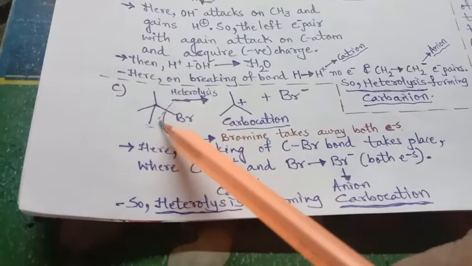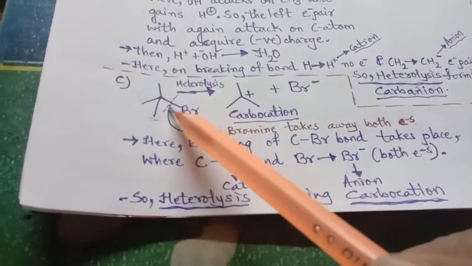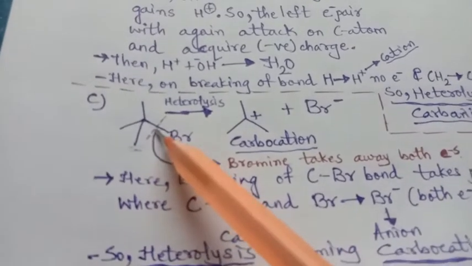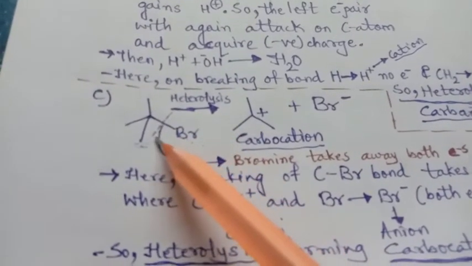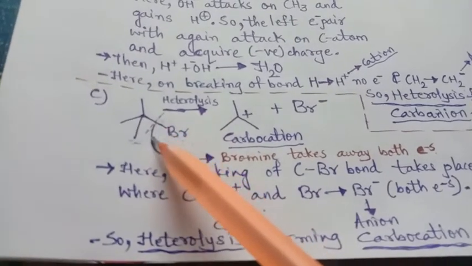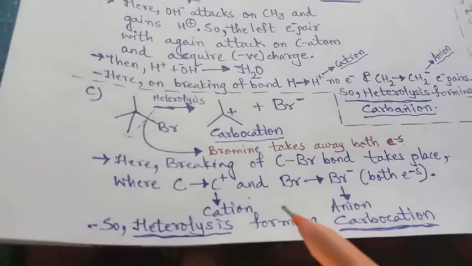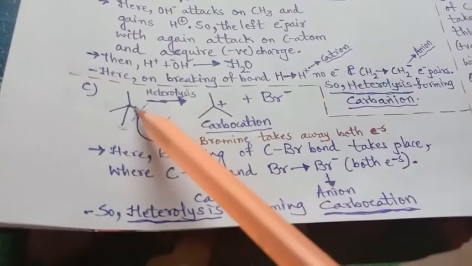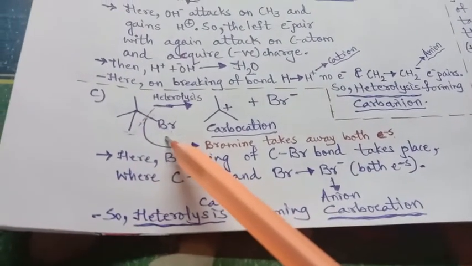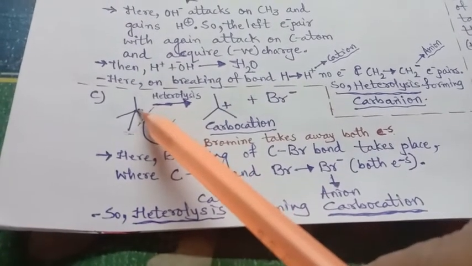Here the cleavage will take place, as I have shown with the red dotted line. With the cleavage, what will bromine do? Bromine will take away the electrons as soon as this C-Br bond breaks.